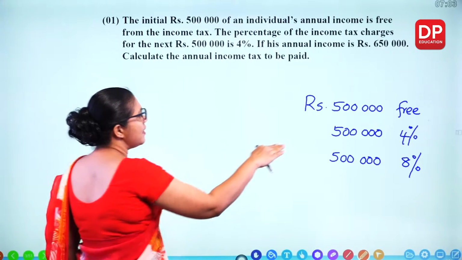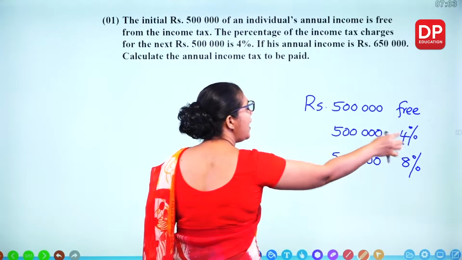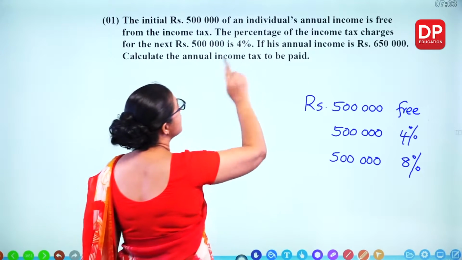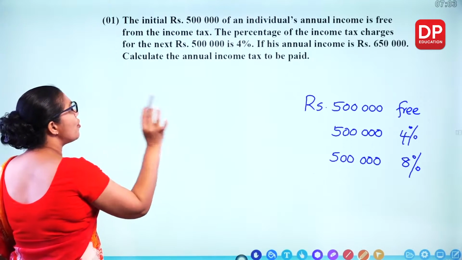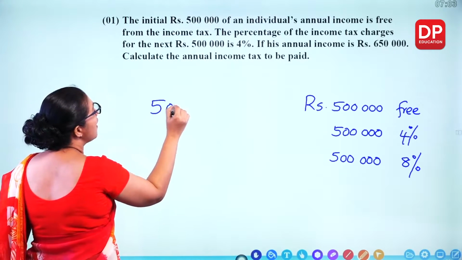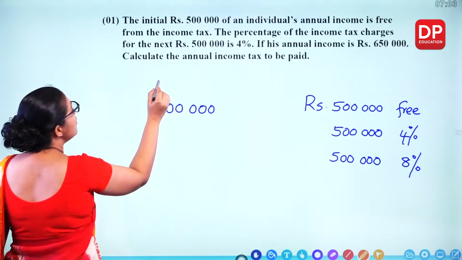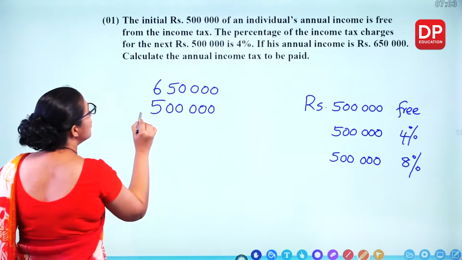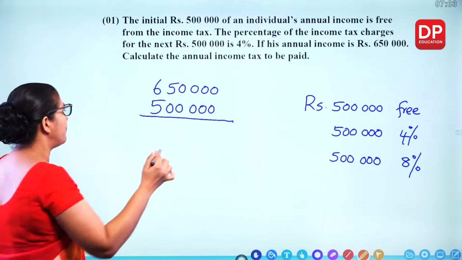Now it's given here the salary is 650,000. So in this range, you only have to think about 4% annual income tax. So we'll calculate the value. You don't need to write anything, just write down 500,000 rupees and subtract it from 650,000, because the first 500,000 is free.